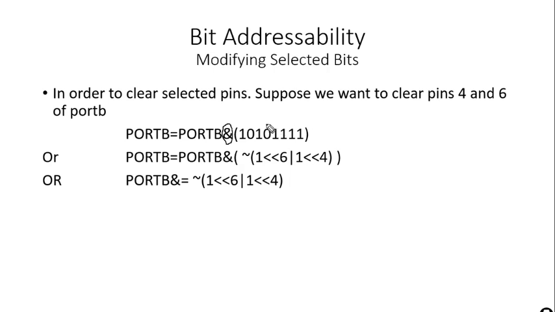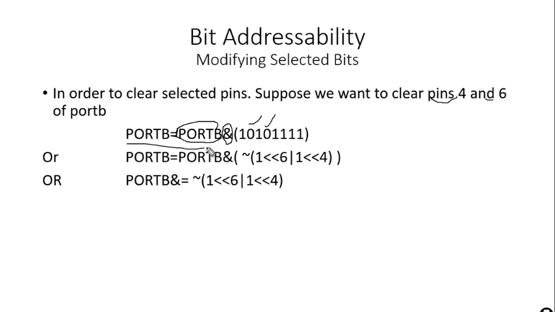And if the AND operation is performed with 0, the bit is unconditionally set to 0. So let's say we again want to clear pin 4 and pin 6. The immediate value with which the AND operation is performed is such that all other bits are 1 except bit 4 and bit 6. These two are 0, all others are 1.